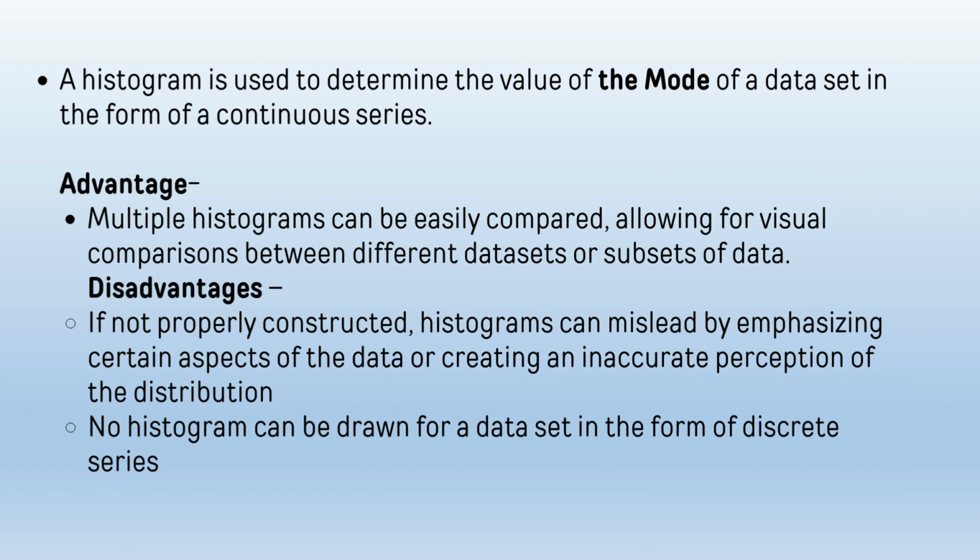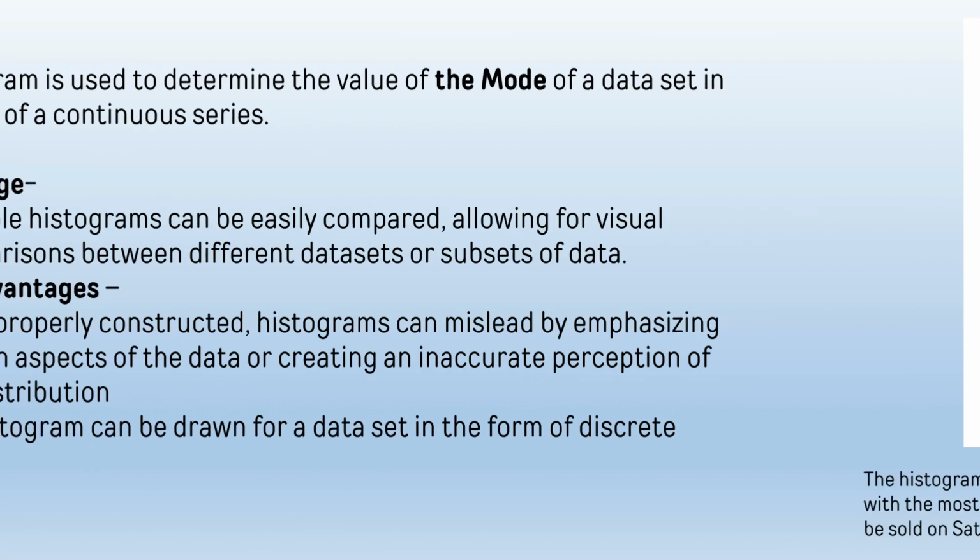And demerit of the histogram: if not properly constructed, a histogram can mislead by emphasizing certain aspects of the data or creating an inaccurate perception of the distribution. Also, no histogram can be drawn from a dataset in the form of a discrete series.